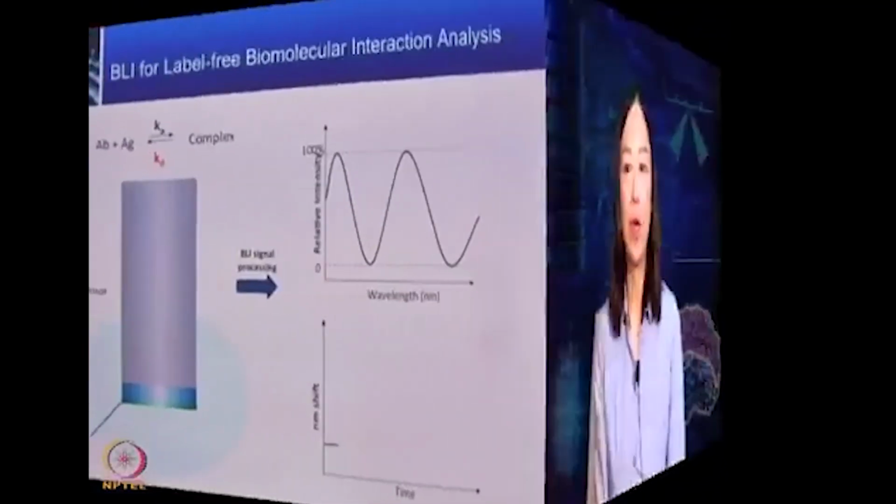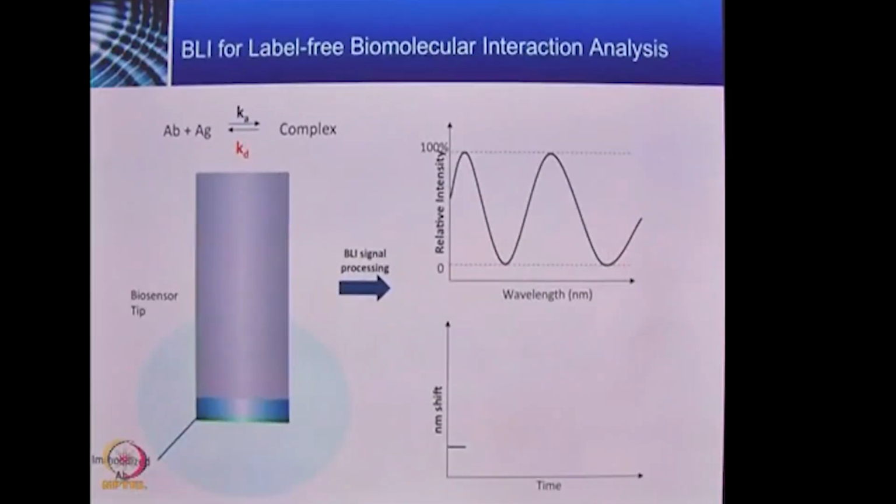Now let's look at an example. If we are looking at the antibody-antigen interaction, the antibody will bind to the antigen and form a complex. At the same time, the complex will go through a dissociation process and generate the antibody and antigen.